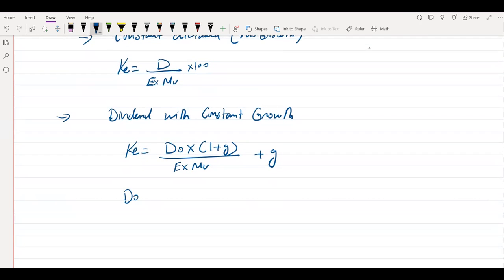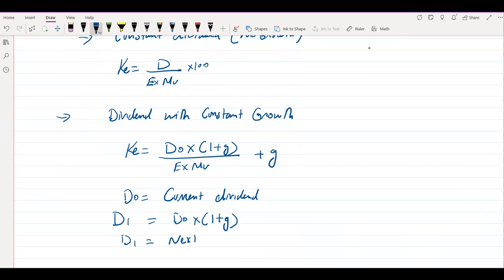So what is D0? D0 is the current dividend, this year's dividend. And if we add growth of 1 year into D0, that will become D1. D1 is what we call next year's dividend.